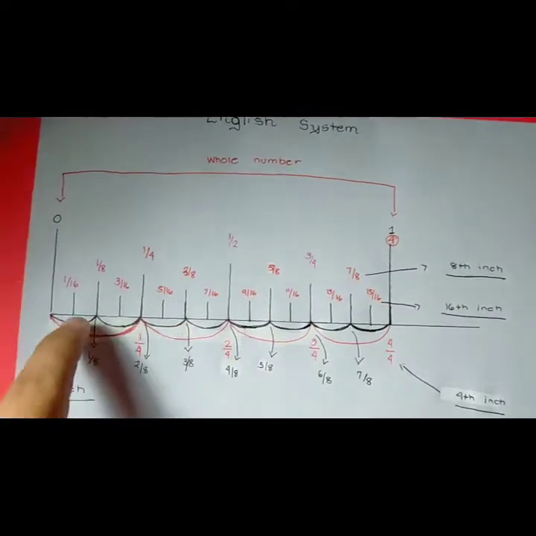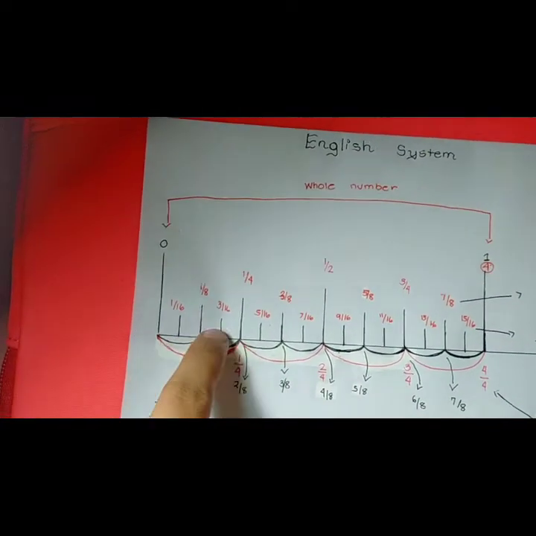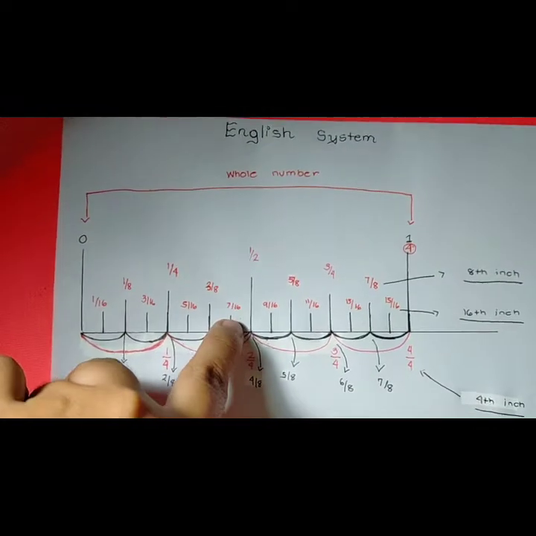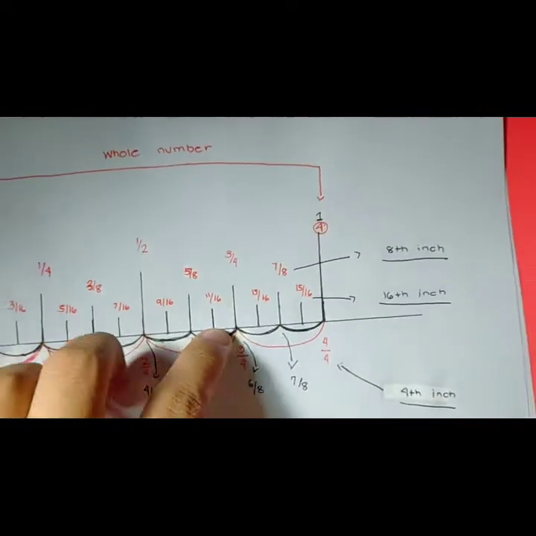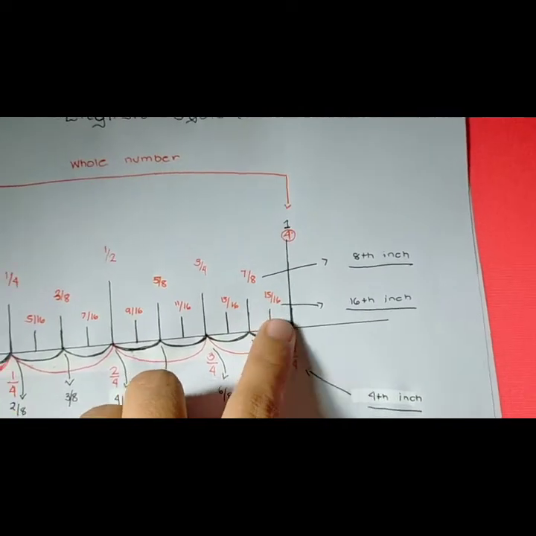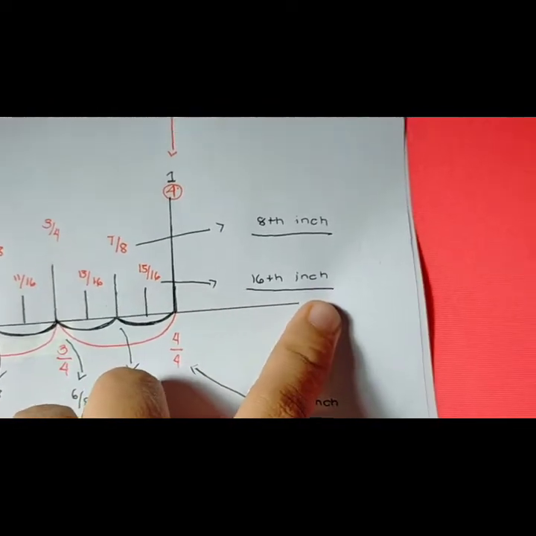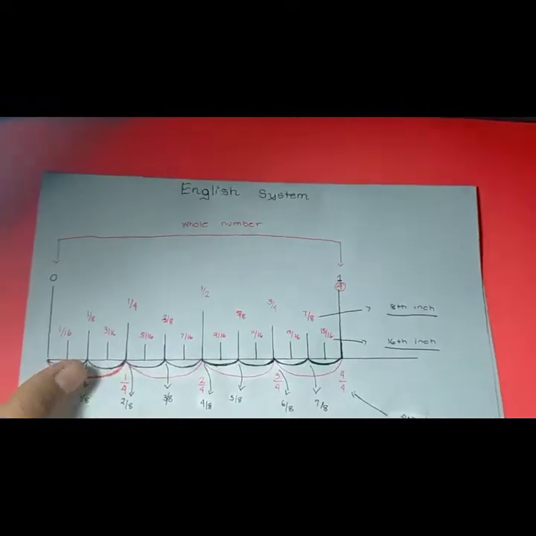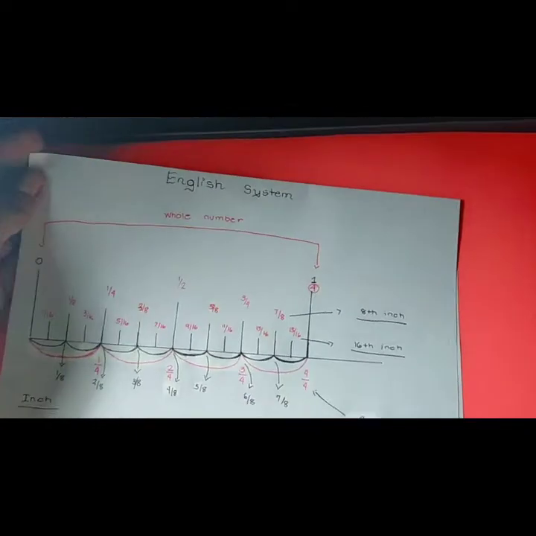So let's start with the 1/16, and then let's move to 3/16, 5/16, 7/16, 9/16, 11/16, and 13/16, and then the last one is the 15/16. So that is our 16th inch. So that is our English system. That is how we read a ruler in the English system.